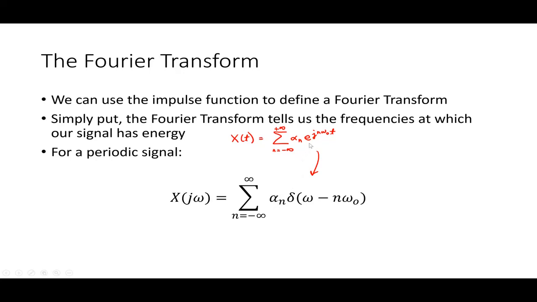Because this signal is made up of a sum of sines and cosines, the only frequencies at which I have energy are those same frequencies where I have sines and cosines. Those sines and cosines are harmonically related, meaning that the frequencies are integer multiples of each other. And so that's basically what this summation is going to tell us.